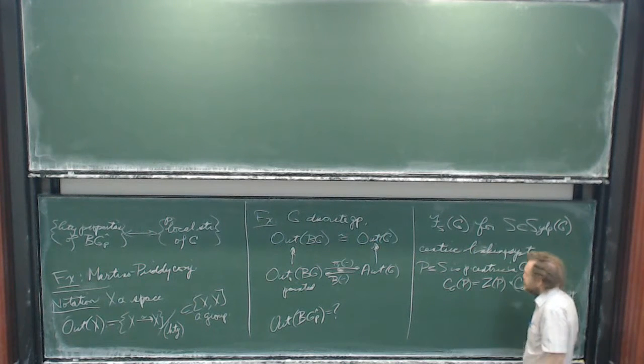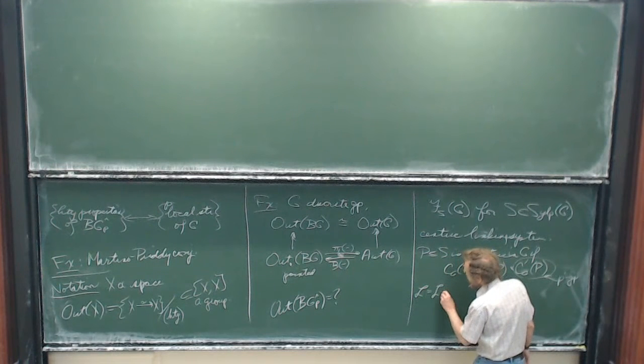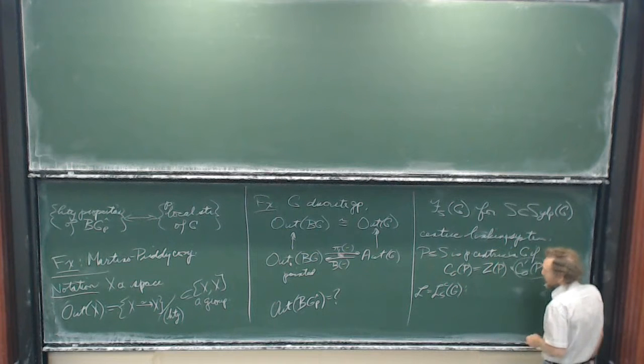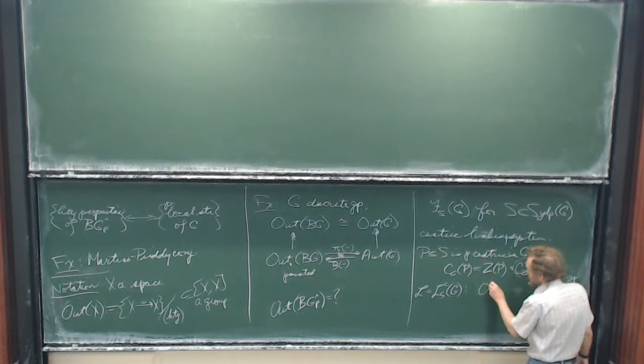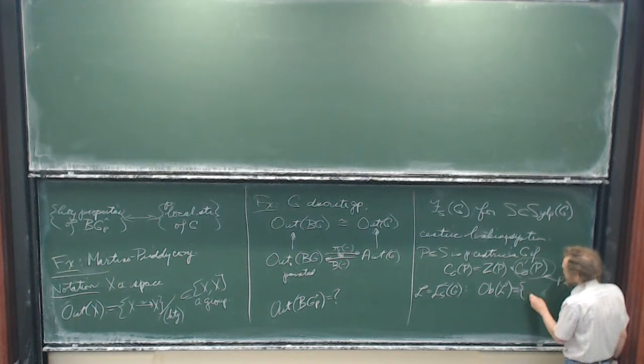And now, the linking system is the category whose objects are the p-centric subgroups.